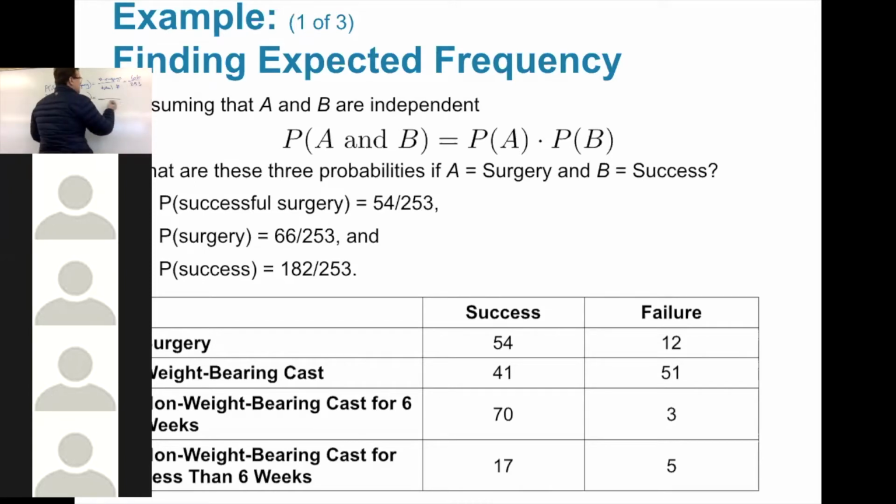So we had, again, 253 total procedures, but out of those, how many were a success? Do you see where that 182 comes from? The 182 is the sum of all 4 numbers in the first column. The procedures I'm going through here are more to review from chapter 4.